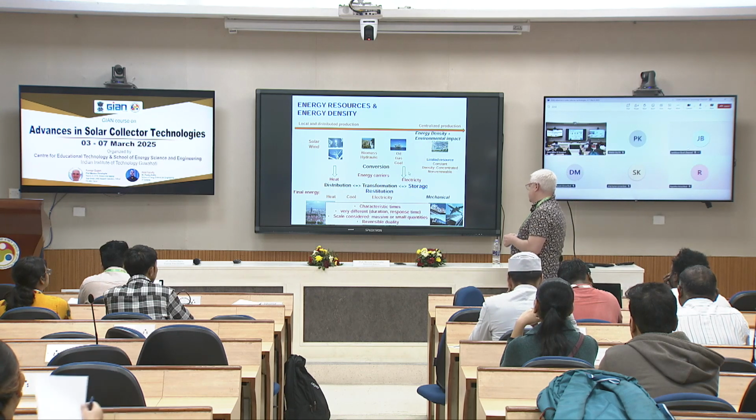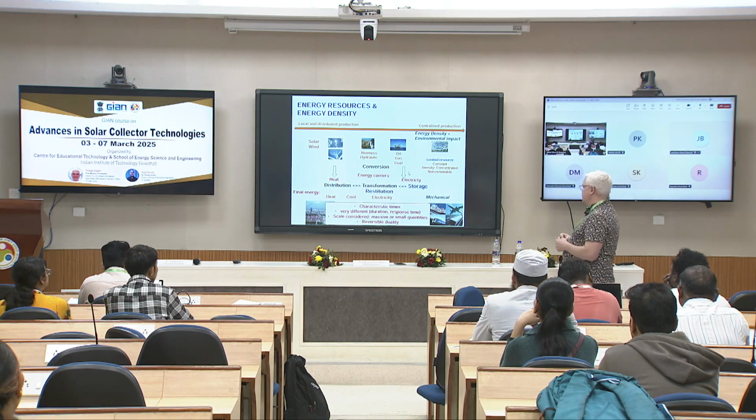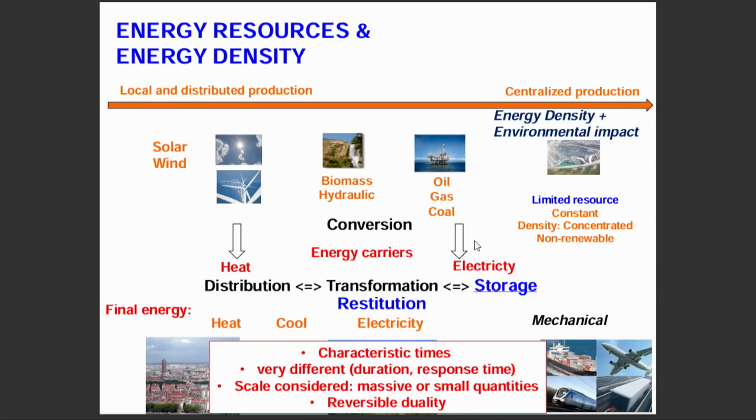Also important to consider is the scale: which scale we are considering, massive or small quantities, and reversibility and duality. This context makes up all the issues about the development of solar energy, and we have to try to find solutions.